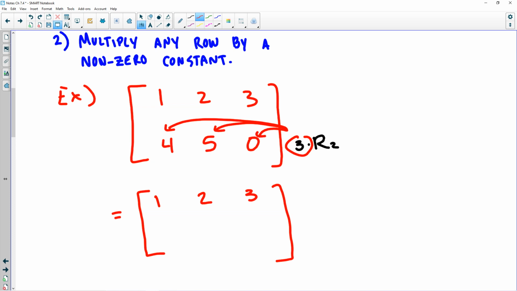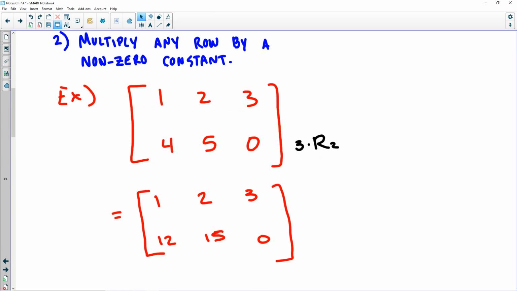So this is kind of like a scalar multiplication, except it only works on one row. This is called a multiple of any one row by a non-zero constant. So our new answer is going to be 12, 15, and 0 times 3 is still 0. So this is the second operation that you can perform on a row.